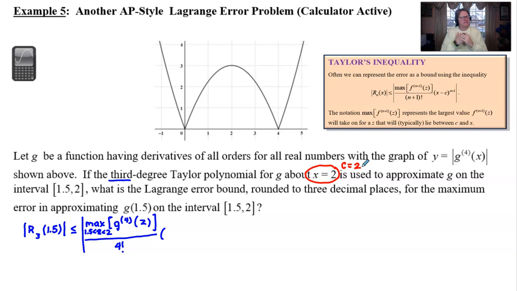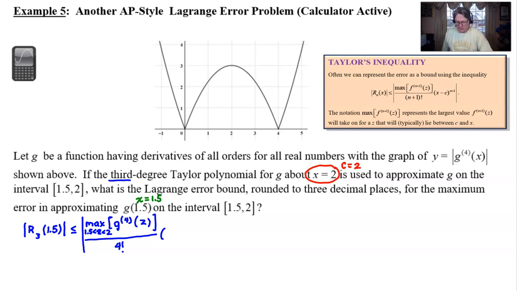The x is always going to be the value you are trying to use to approximate, right? We're finding the value of the function g at 1.5, and we're using the Taylor polynomial to do so. So it's not too hard to get those two things straight if you think about it.